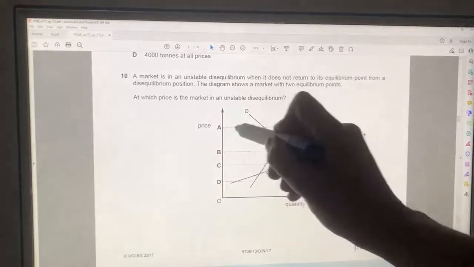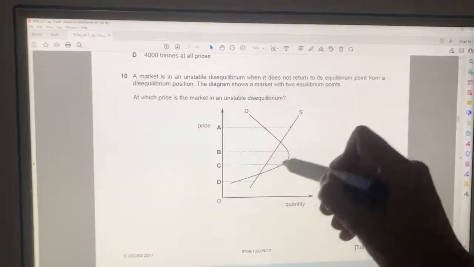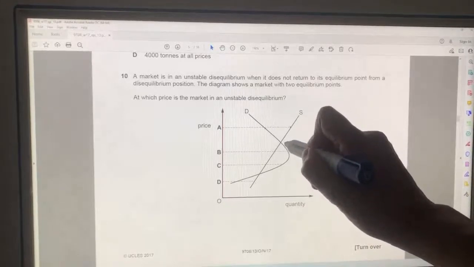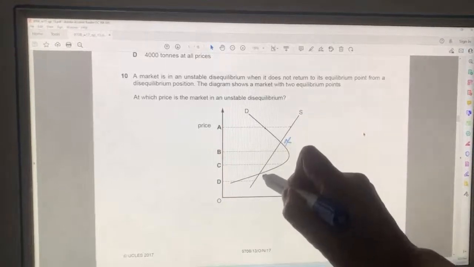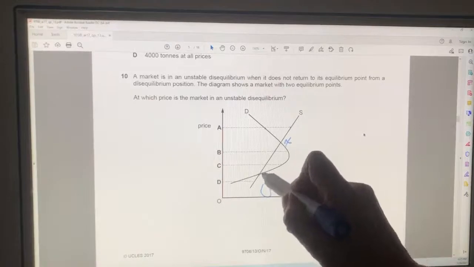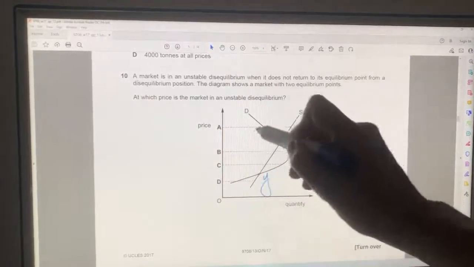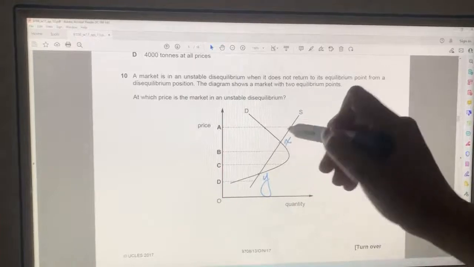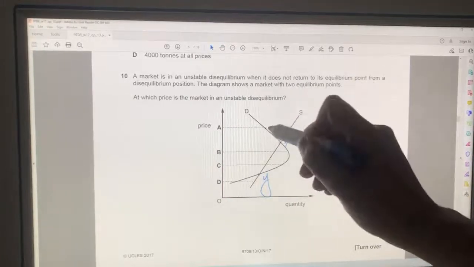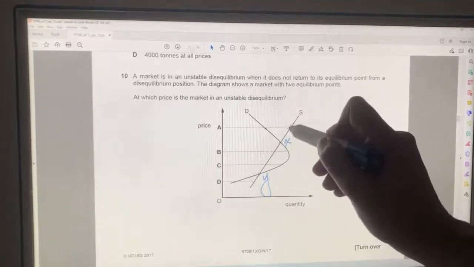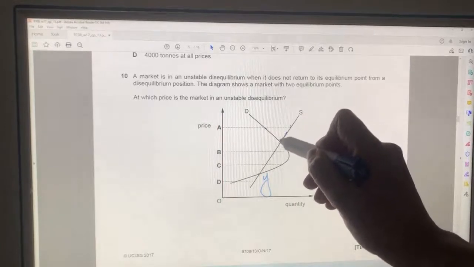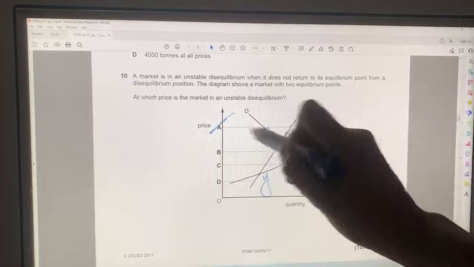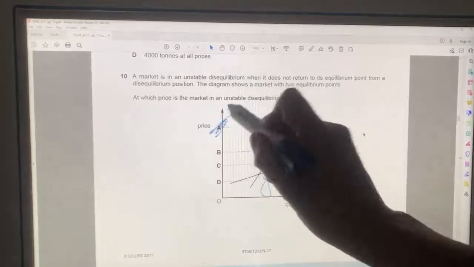Okay, price A, here's equilibrium. We'll call this equilibrium X, and we'll call this equilibrium Y. So A can easily move to equilibrium X because at a price above, demand is less than supply, so suppliers will reduce their prices, increase demand, and that's a stable disequilibrium.